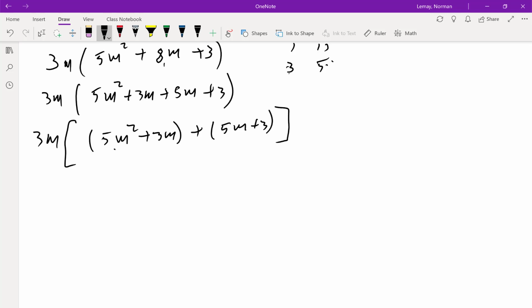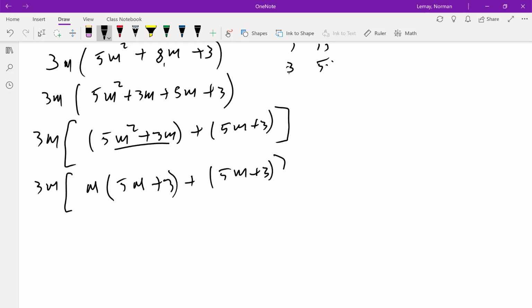Again, greatest common factor in the first group is m, so I get m times 5m plus 3. And plus, there's no greatest common factor here, so 5m plus 3.